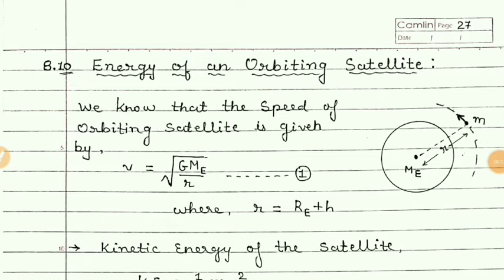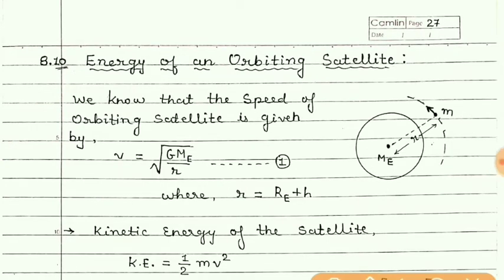Hello students, in today's lecture we are going to study topic number 8.10, energy of an orbiting satellite.